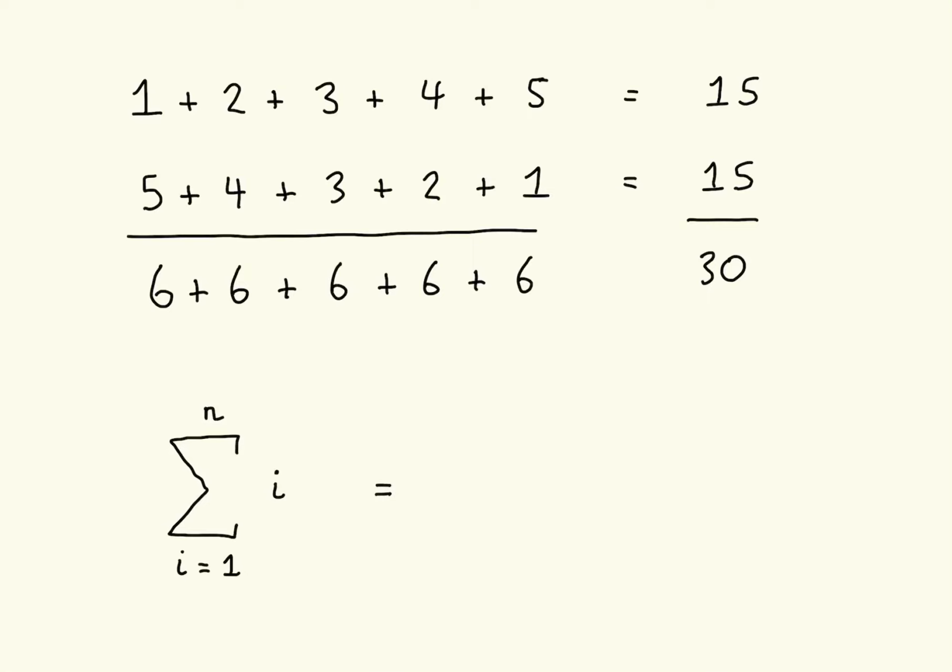And what you see from this example above is, in order to compute that result, all you're going to do is take your number n, like 5, multiply it by the successor, like 6, and then divide it by 2. So that's all we were doing up here. We're taking our number, which was 5, and multiplying it by 6. So 5 times 6 is 30. So that's what we'll get down here. And then we divide it by 2, and that will give us back the result 15, which we actually want.